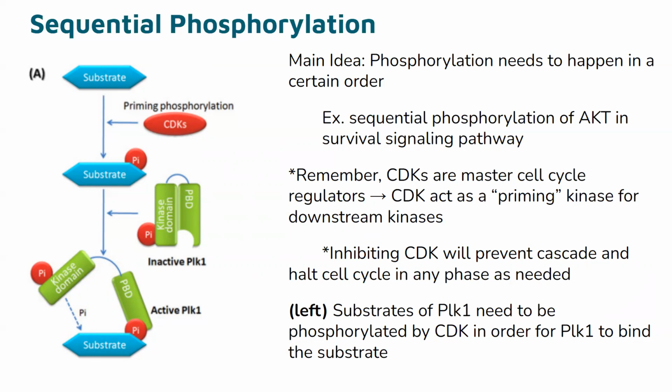They're going to prime or activate other downstream activators, and then those individual activators will have a downstream effect that will ultimately cause the effects that need to be done.